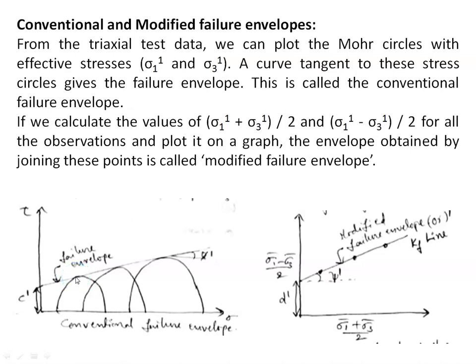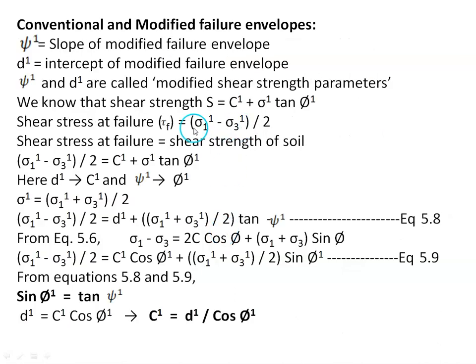But what is the maximum shear stress? That is nothing but the radius of the Mohr circle. So we can write maximum shear stress equals the radius of the Mohr circle, that is sigma 1 dash minus sigma 3 dash by 2. And we know that shear stress at failure equals the shear strength of soil. So we can equate this maximum shear stress with the shear strength of soil.